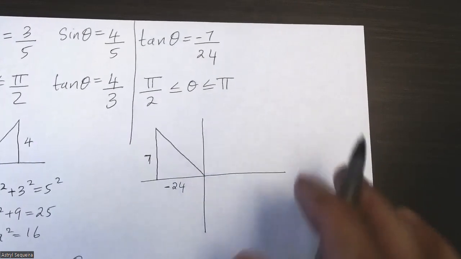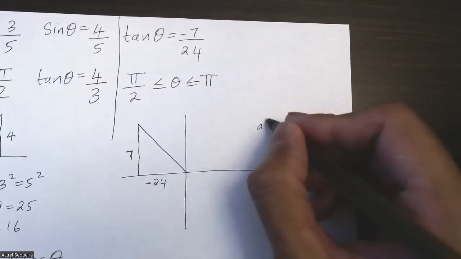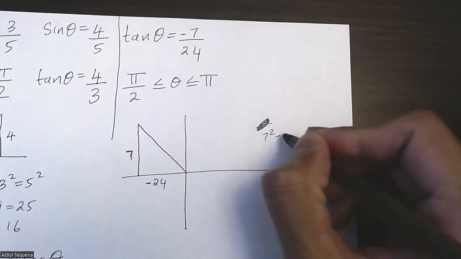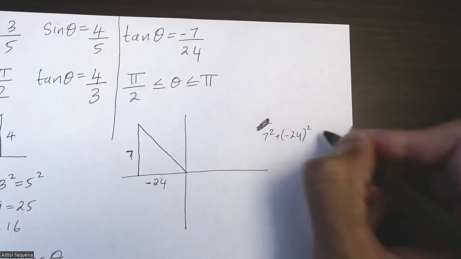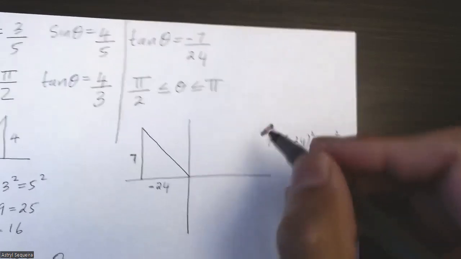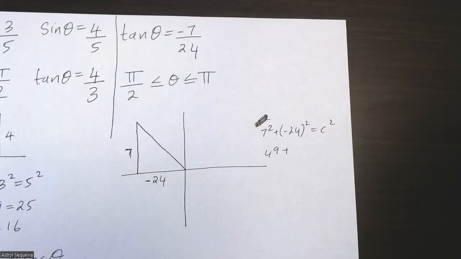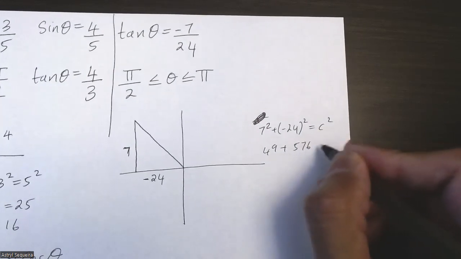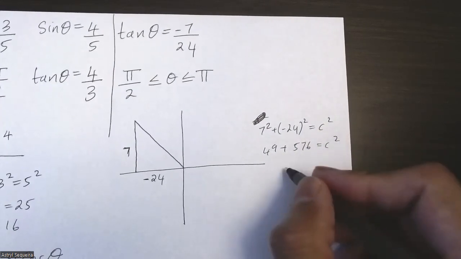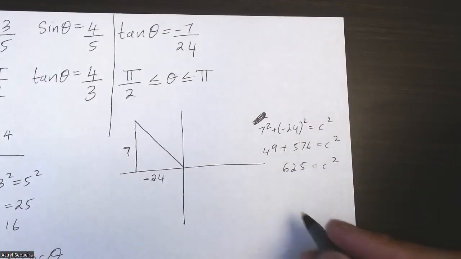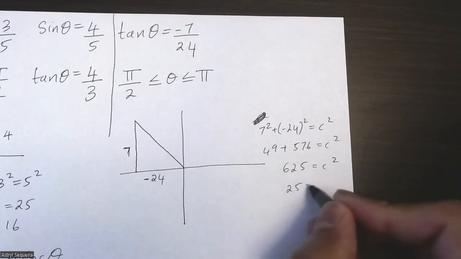I can find my hypotenuse using the Pythagorean theorem again. So a squared, oops, we actually have 7 squared plus negative 24 squared equals c squared. 49 plus 576 equals c squared. 625 equals c squared. And then 25 equals c.